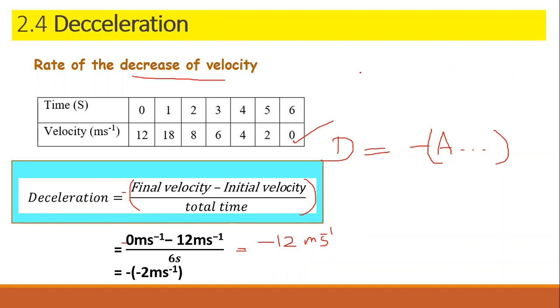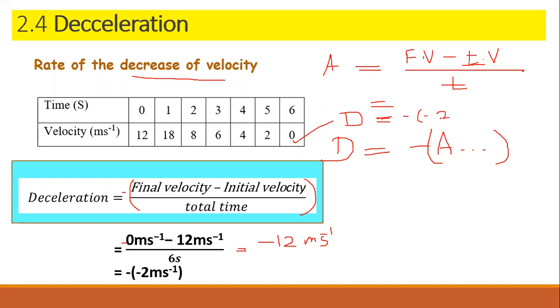If not, we have to start like acceleration equals final velocity minus initial velocity divided by time. And then we can find the answer at the end, and we can write acceleration equals minus the answer.